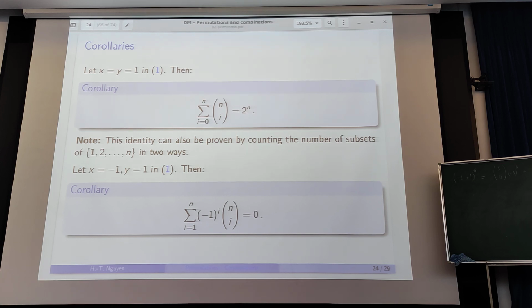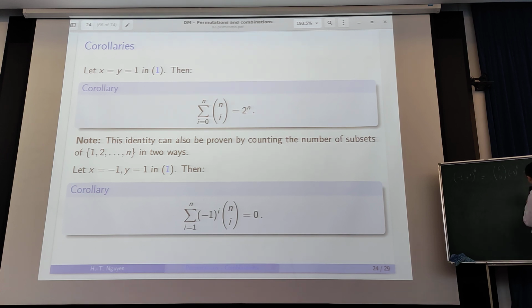Okay, and then you have 6 choose 2 minus 1 to the power 4, 1 squared, and so on. So here if i is odd, then you have a minus sign. And if i is even, then you have plus.